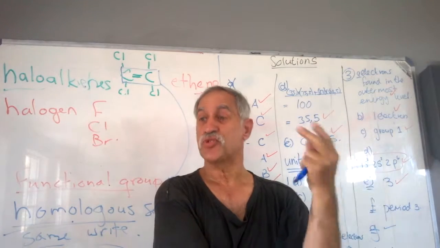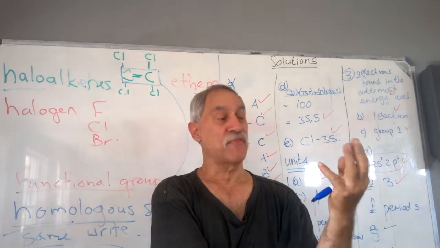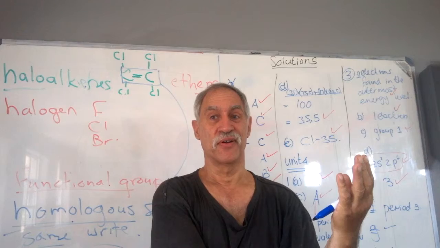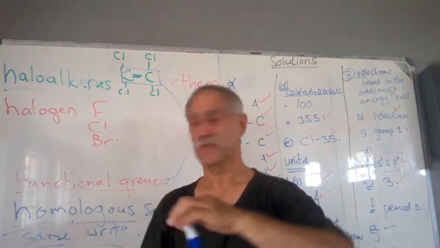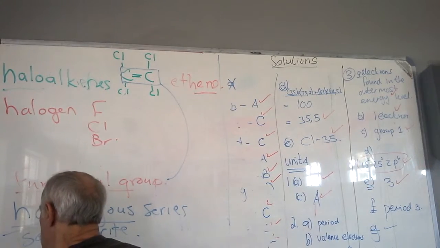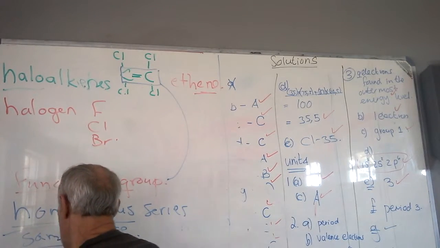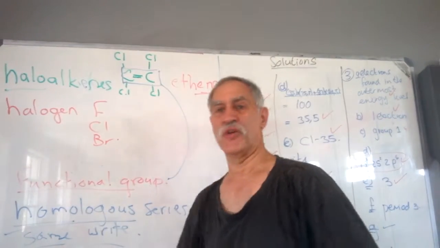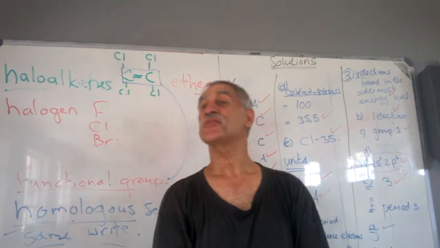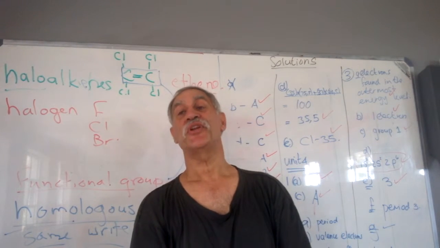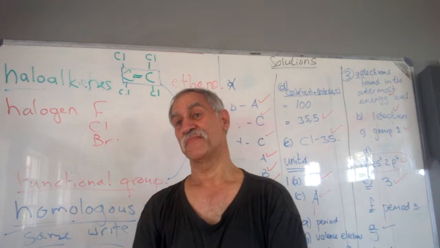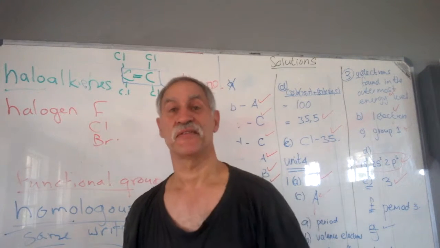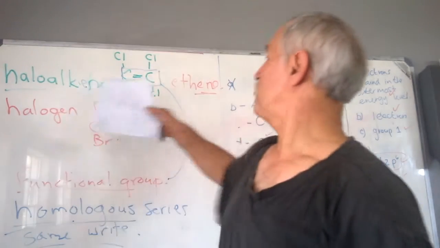If it's 3, it's tri. And if it's 4, it's tetra. Tetrachloroethene, all one word. We don't go above 4, thank goodness, but it would be hexachloroethene or pentachloroethene, because we can't fit any more on there.